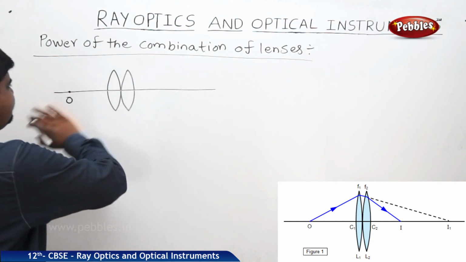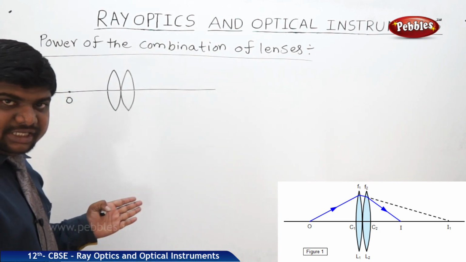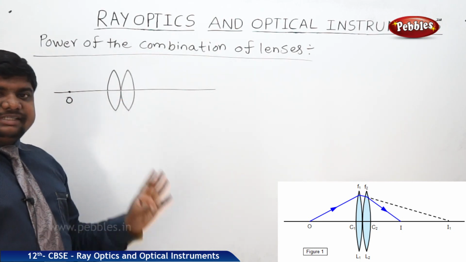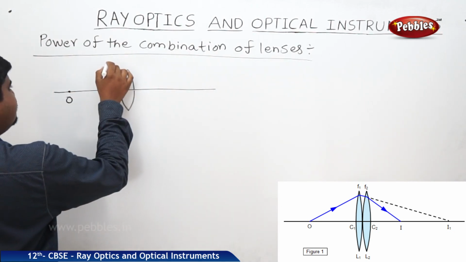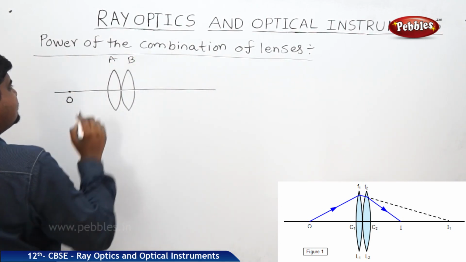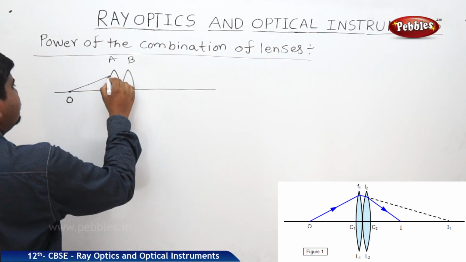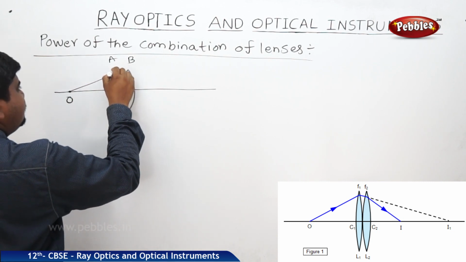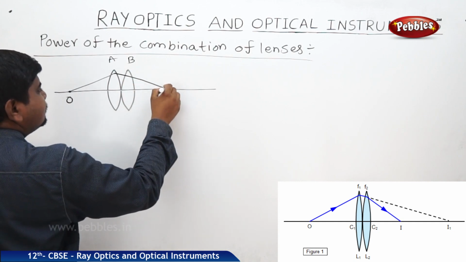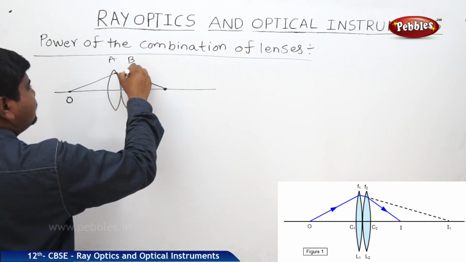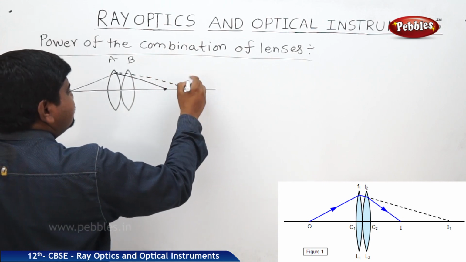The image will form, and this image will become the virtual object for the second lens. So this is the object. Let us say this is lens A, lens B. At the aperture, it is forming the image like this.